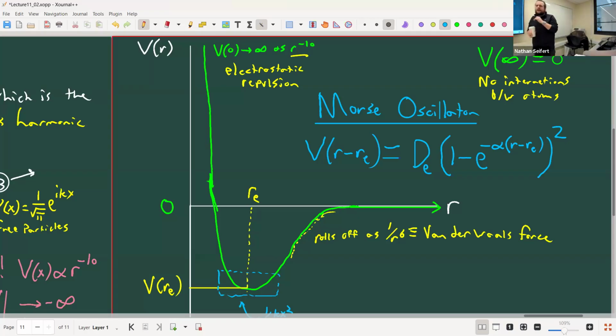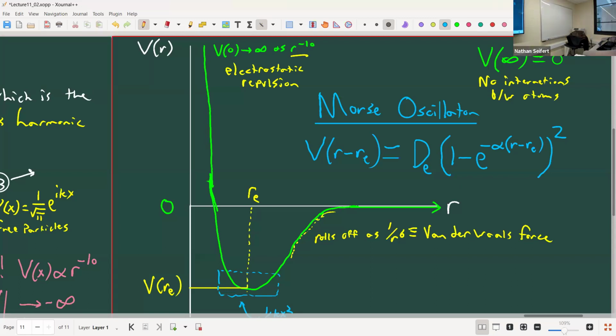We can just quickly look at how this function works at the different limits. If r is close to 0, r minus r_e is a negative number, so this is e to a big number. So this ends up being some very negative number that you square, so it becomes a very positive number.